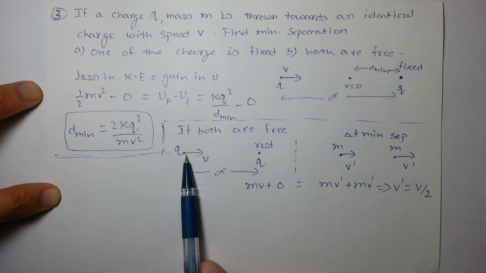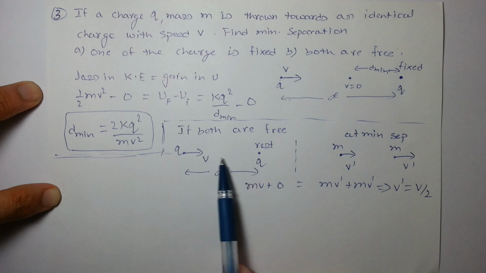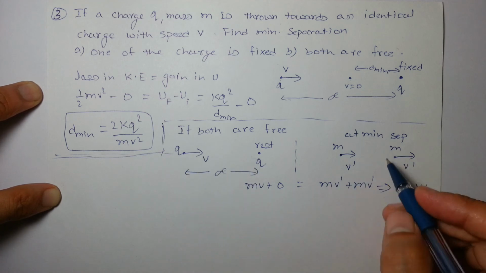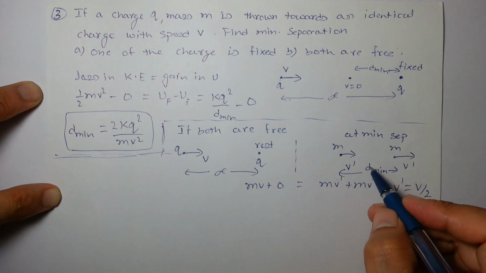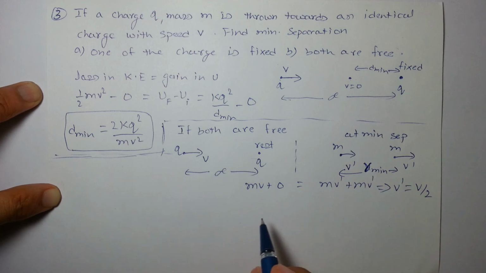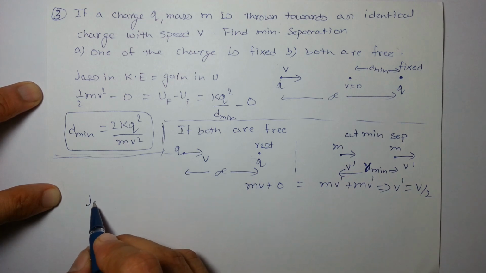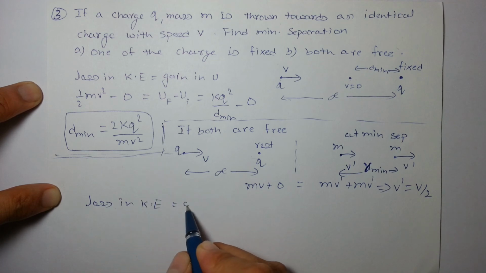Okay, again it has come to this point, it has gained potential energy, because the initial potential energy was 0 and final potential energy is not 0. Let's give this symbol r min. So what will happen? There will again be loss in KE, and there will be gain in PE.